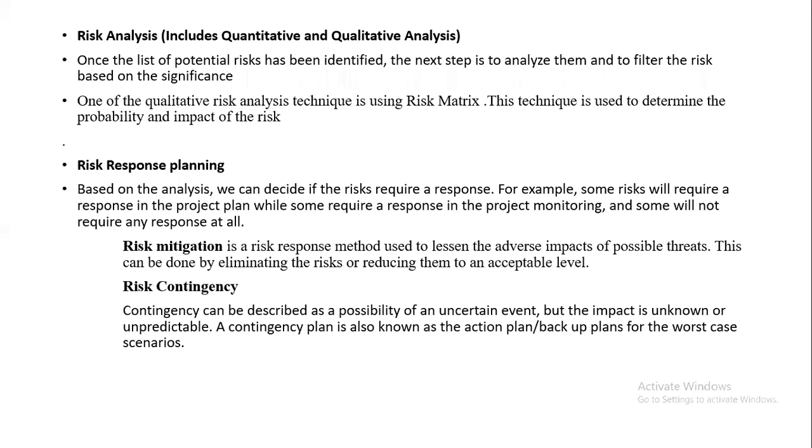If a risk is identified but is not going to show much impact on other things, that is okay. If it is showing an impact, then based on where and what impact it is showing, you need to deal with that particular risk. Okay. So risk analysis is done like that. We'll discuss more about the risk matrix in our coming topics. So that is how we do risk analysis.